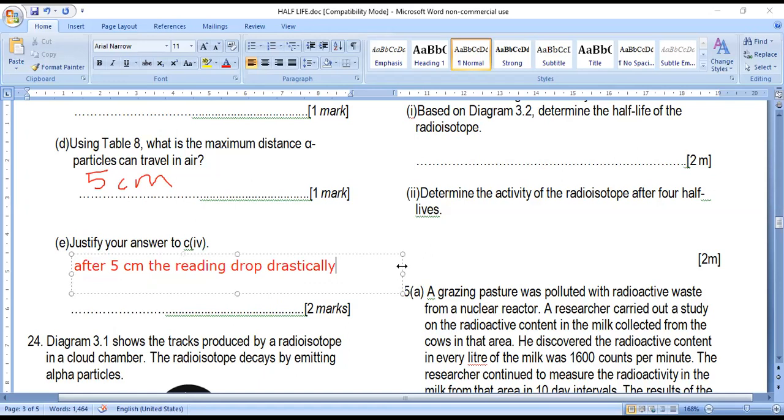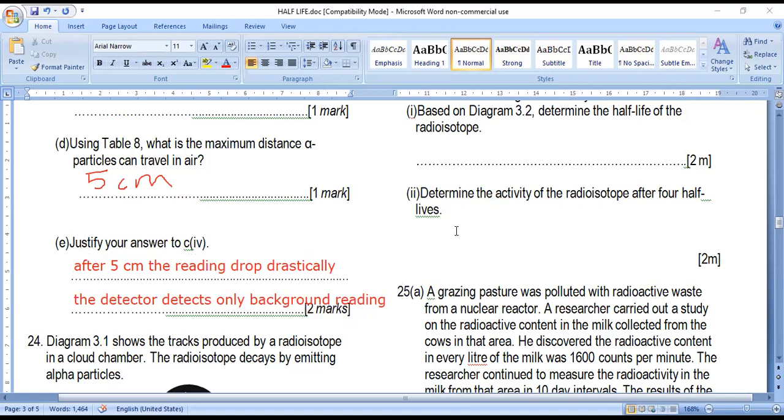That means it drops a lot. And then the second point: the detector only detects background reading. So 2 marks. After 5 cm, the reading drops drastically, and the detector only detects background reading.